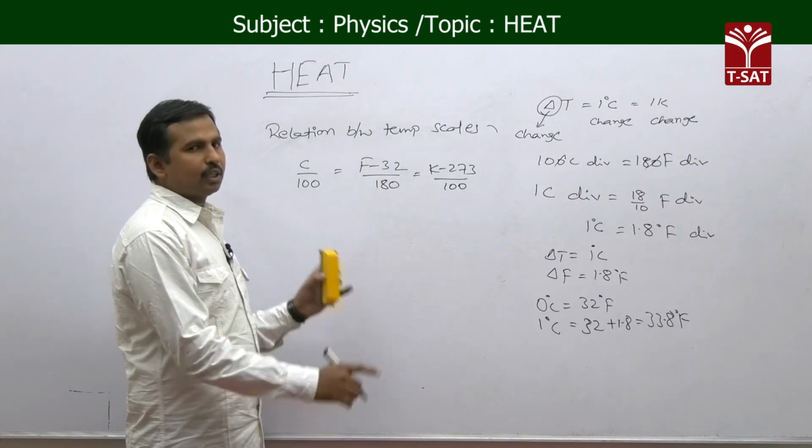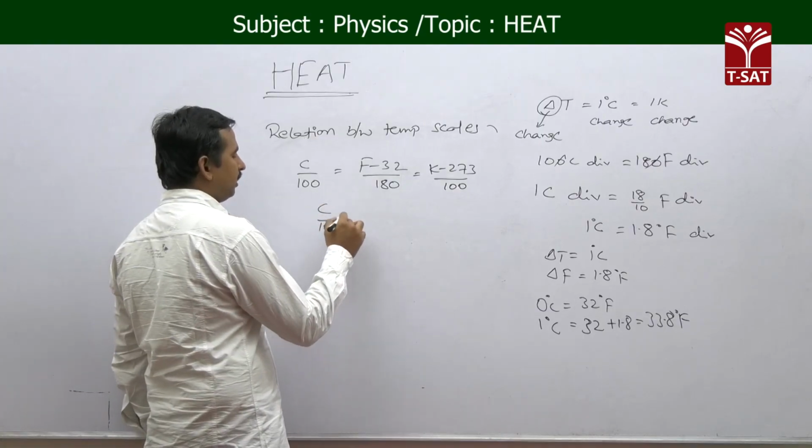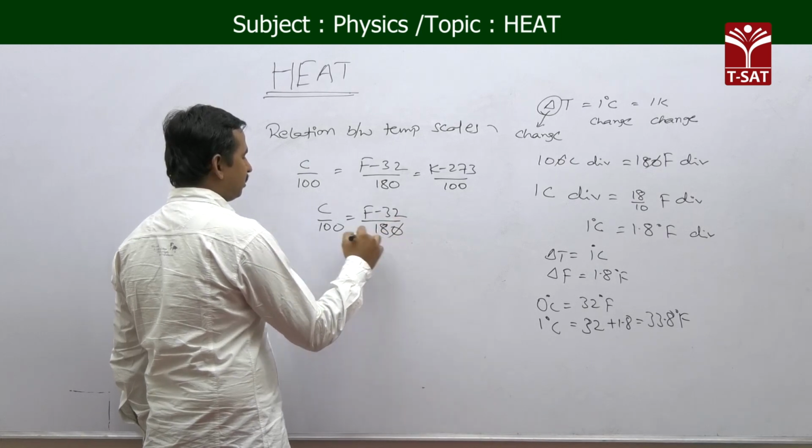If you take the case of Celsius and Fahrenheit, then C by 100 is equal to F minus 32 by 180.